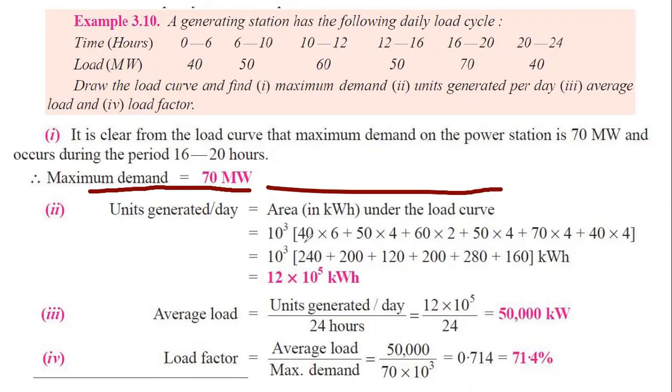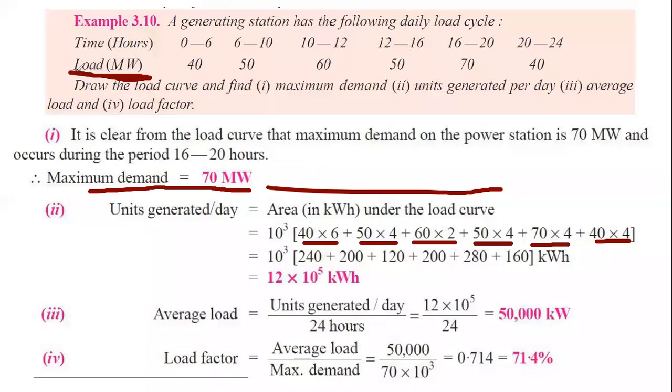So the area under the load curve is the sum of the products shown on the slide. I showed how to get these values. Remember, these are all in megawatt, since the load is in megawatt: 40 megawatt, 50 megawatt. When units deal with kilowatt hour.